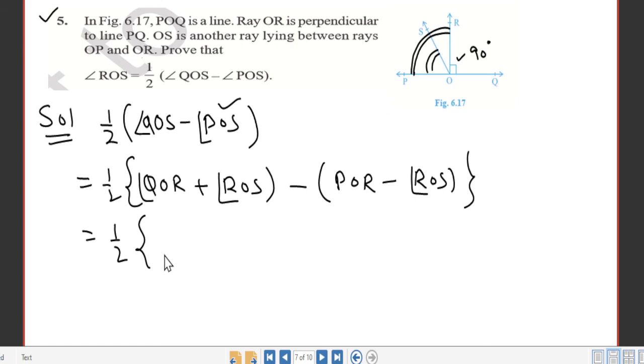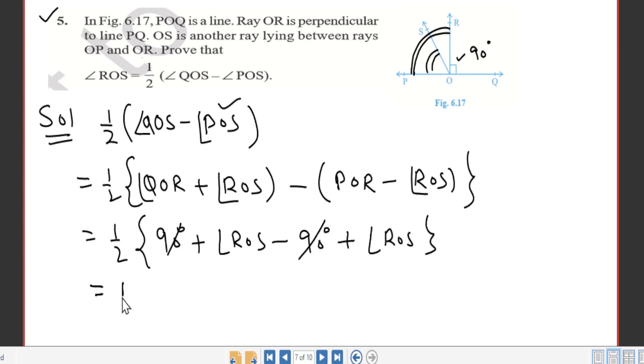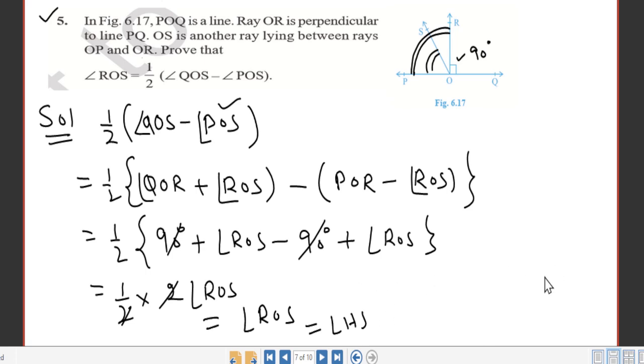If this angle is 90 degree, obviously POR is also 90 degree. So when the bracket is open, it is angle ROS. So this 90 degree cancels by this one, and here there are two angle ROS terms, so this cancels out, giving angle ROS equal to the left hand side. This is the proof. So it is the easiest way to prove this question.